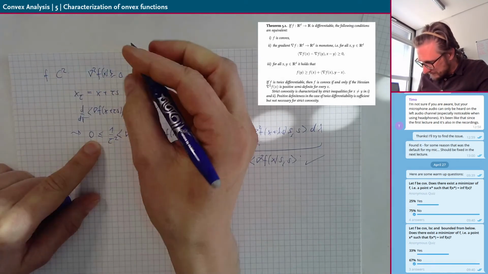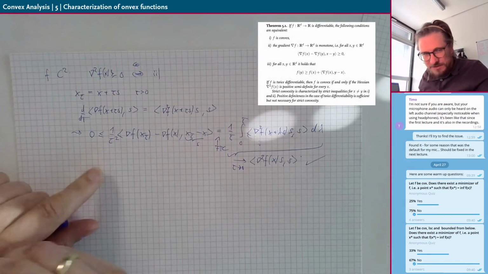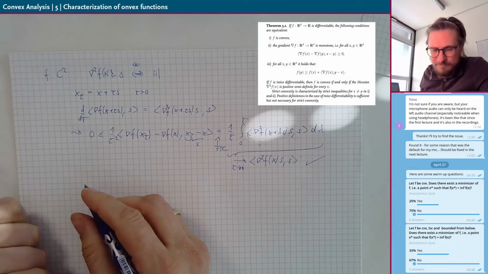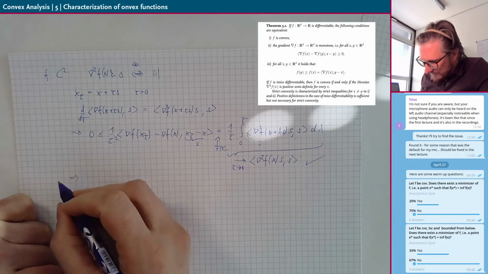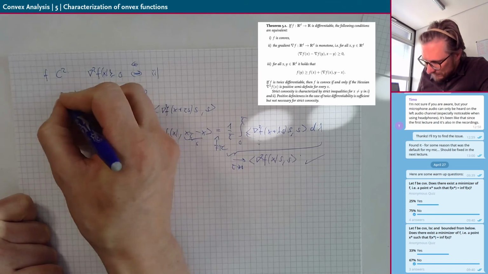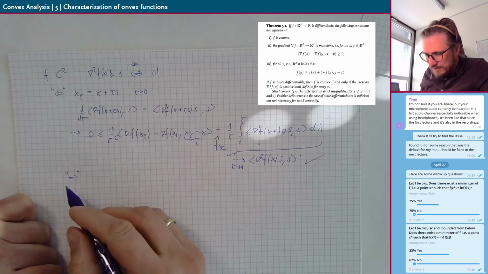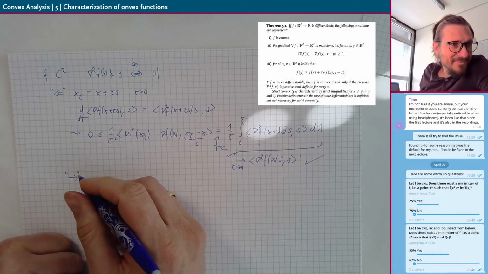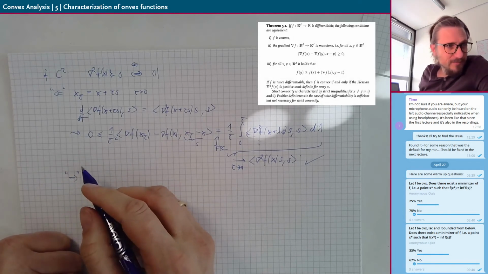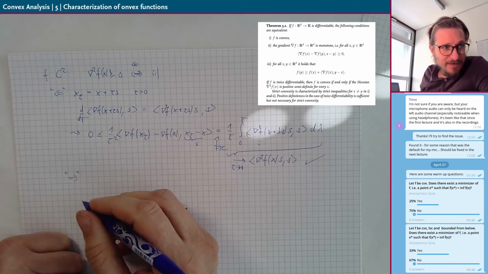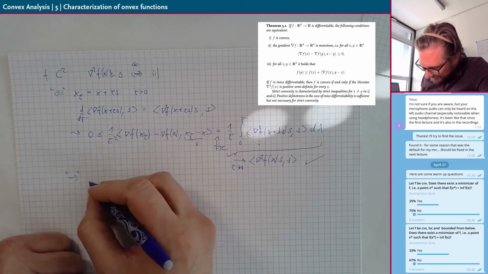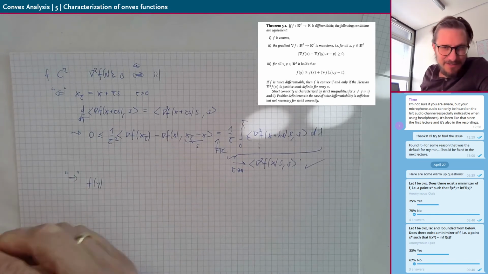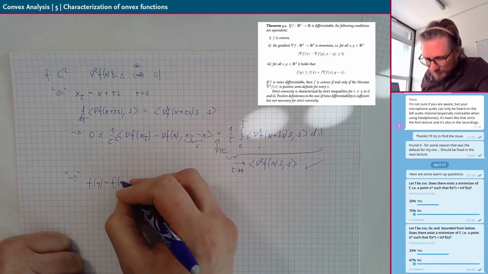And for the other direction, if the Hessian is positive semi-definite, we use basically the fundamental theorem of calculus twice. I just write it down. It's basically straightforward to see, but not obvious at first glance.